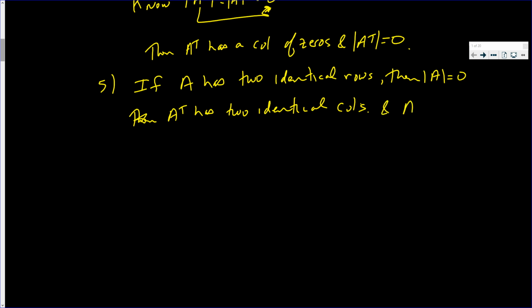And the determinant of A transpose is equal to the determinant of A, and since A has two identical rows, it equals 0. That is, the determinant of A transpose is 0 whenever A transpose has two identical columns.